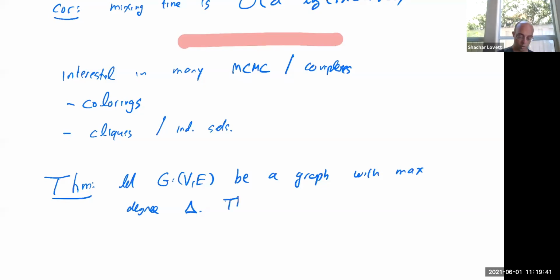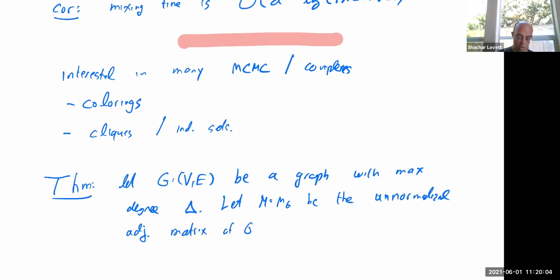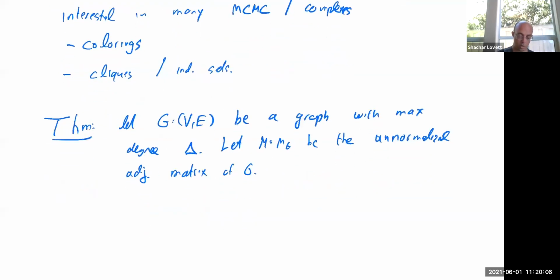Okay, let me also denote something just for completeness. Let M be the unnormalized adjacency matrix of G. Now let's take the value K to be at most N over delta plus lambda 1 of M. That's going to be the value of K for which we can actually get mixing.